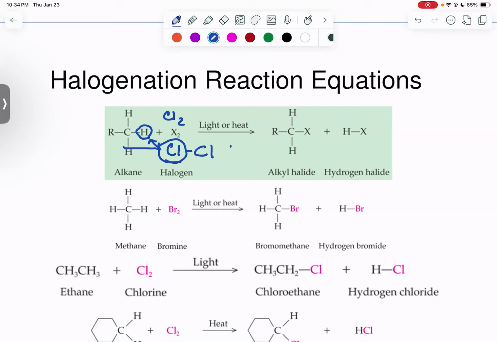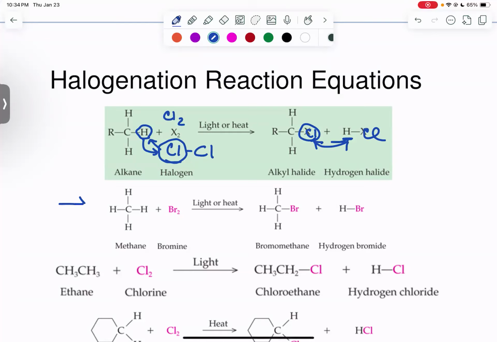The hydrogen takes the place of the chlorine, so you just basically swap them. Here would be the Cl, and here's my hydrogen, which is now on the other Cl. That's why we call it a substitution, because all you're doing is swapping.